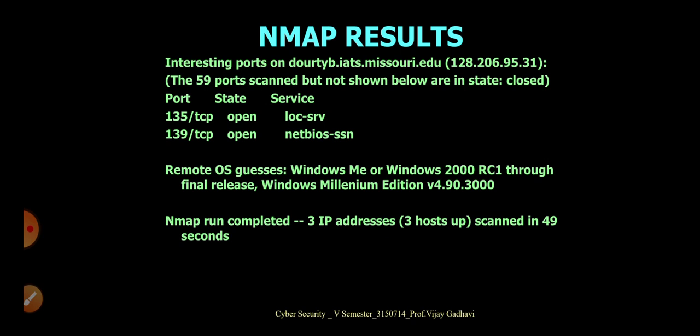Now remote OS guesses: Windows ME or Windows 2000 RC1 to final release, Windows Millennium Edition version 4.90.3000. NMAP run completed, 3 IP addresses, that means 3 hosts scanned in 49 seconds. Remember this: NMAP run completed, 3 IP addresses scanned in 49 seconds by executing the command.